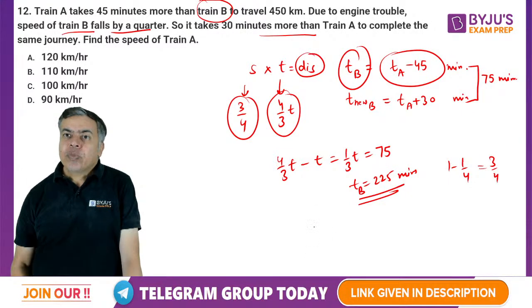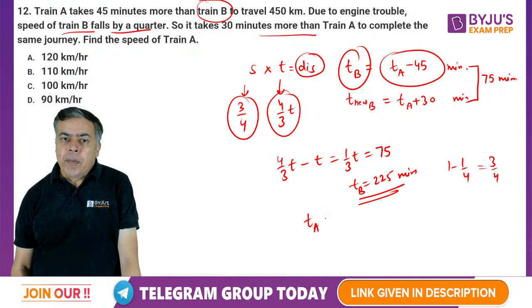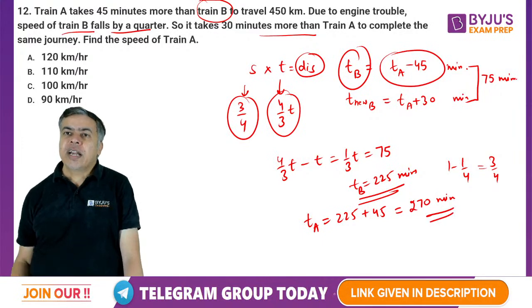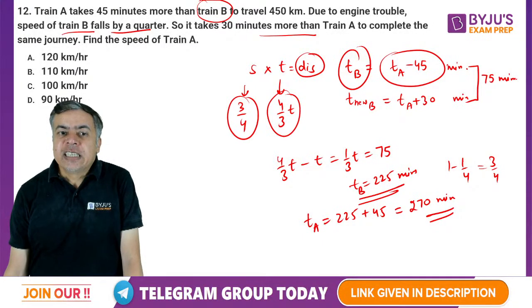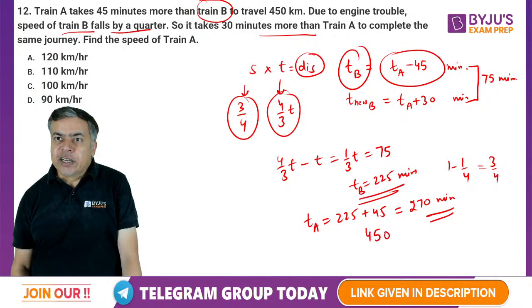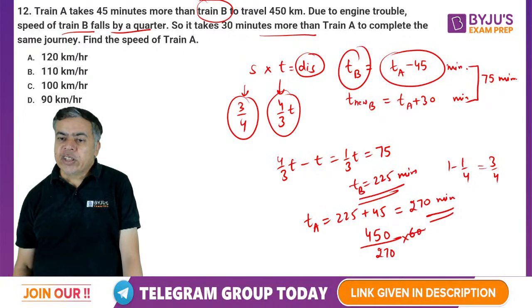Then train A must be 225 plus 45, that means it will be 270 minutes, right? 270 minutes. He is saying find the speed of train A. So the distance is 450 kilometers at 270 minutes, converted to hours. 30 into 2, 30 into 9, 9 into 50, so 100.